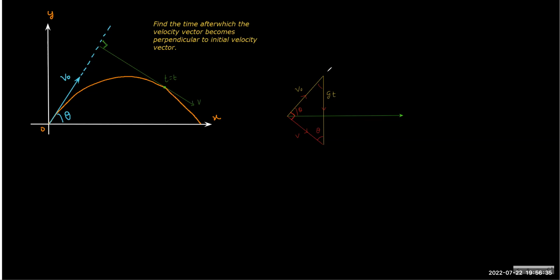So if you look at the triangle ABC or maybe OAB, in the bigger triangle, so what we can do? Sine theta is how much, guys? Tell me. In a big triangle, what is sine theta?